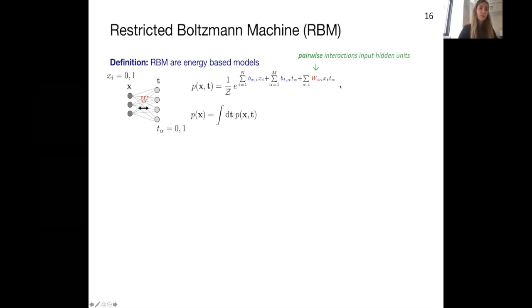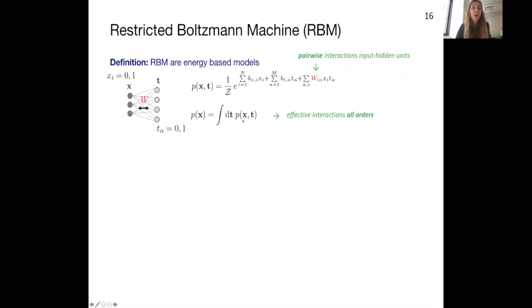If you are a physicist, this should remind you a lot of an Ising model with some local fields and couplings, which in machine learning are called biases and weights. The difference with the Ising model from statistical physics is that here we define the probability over the inputs, the space in which we are interested, by marginalizing over the hidden variables.